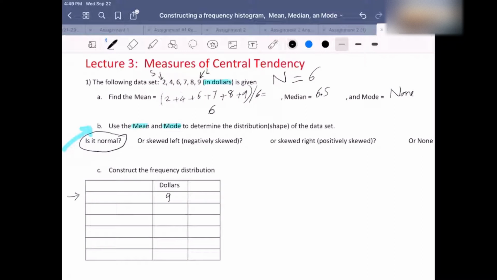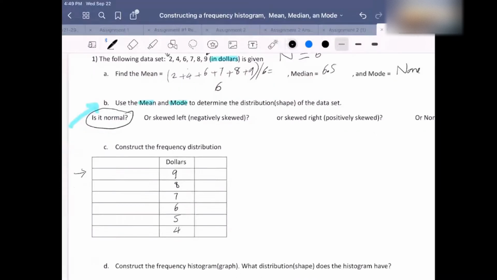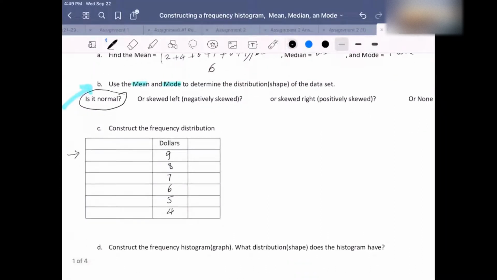Make sure that you remember this when you construct a frequency distribution. Okay, so you start from 9, 8, 7, 6, 5, 4. I may not have enough rows here, so I have to make some more. 3, and then 2, right? So you can make a few more rows.